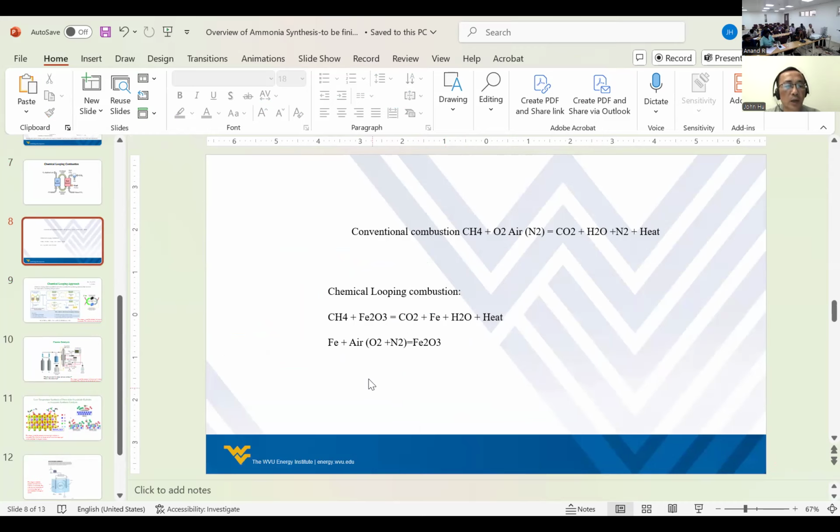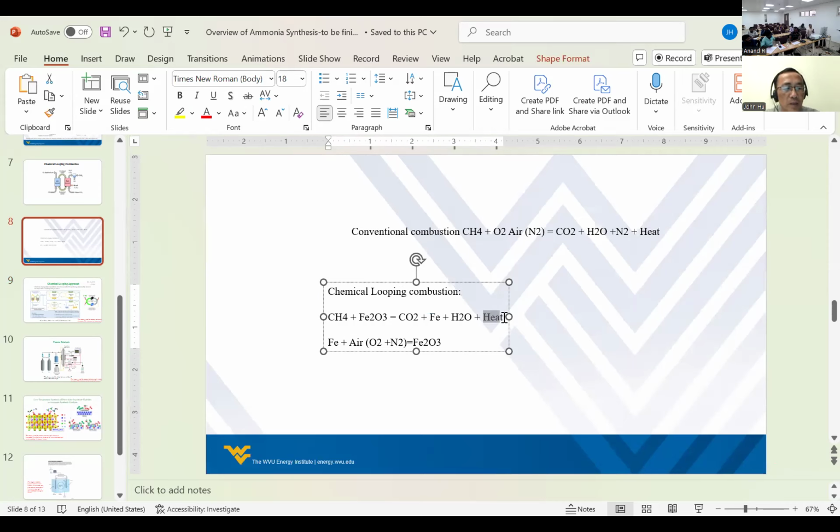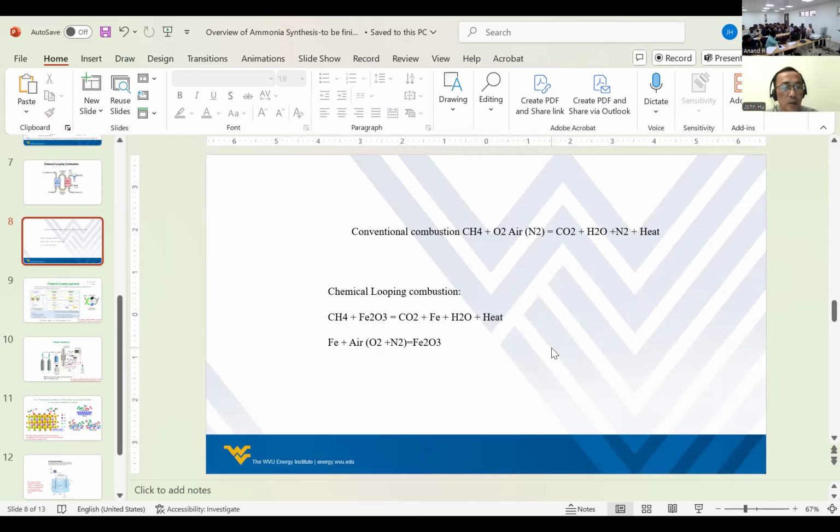You can look at the equation from the energy balance point of view. You have the methane carrying energy. You have metal oxide. Let's say on the right hand side there's no energy. That means in order to balance the equation, you have to have heat coming out. Energy balance. Do you follow me? Yes, there's a lot of heat coming out.